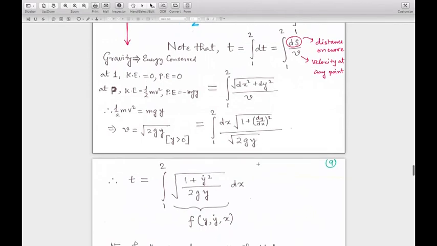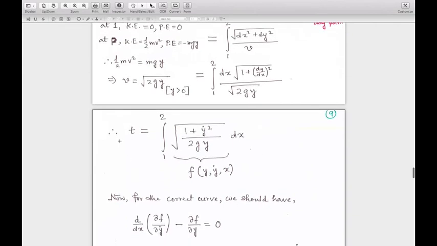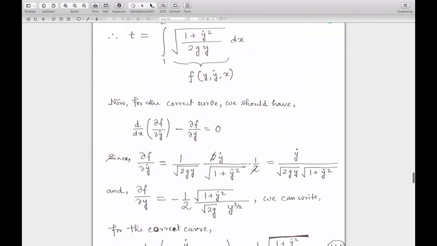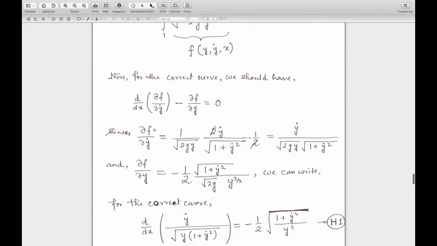Now your f contains both y dot and y. And in order that the time should be minimized, this function f should satisfy this equation once again. Now you can simply calculate those two partial differential coefficients.